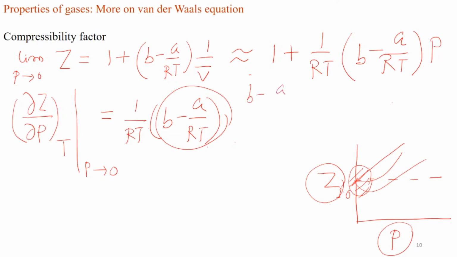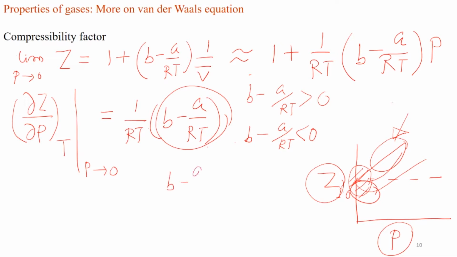If b minus a by RT is greater than 0, the slope is positive, which will explain this region, which explains this type of curves. When b minus a by RT is less than 0, that will explain the negative slope of curves for some other temperature.